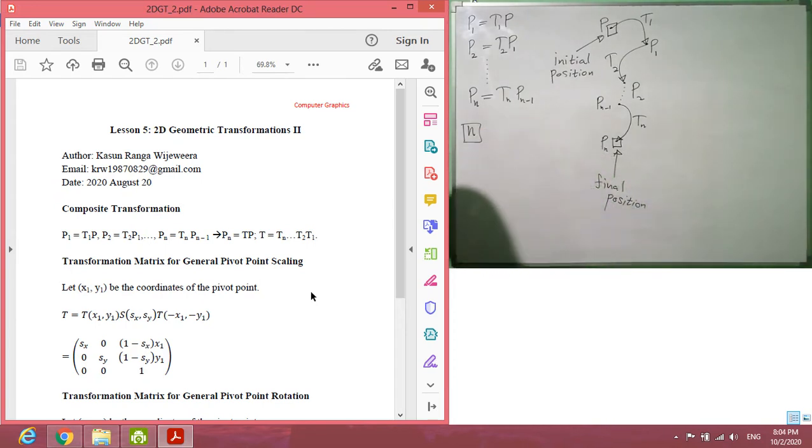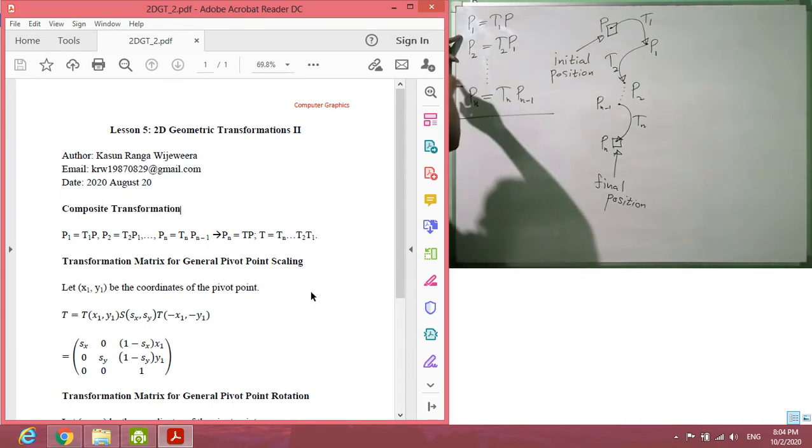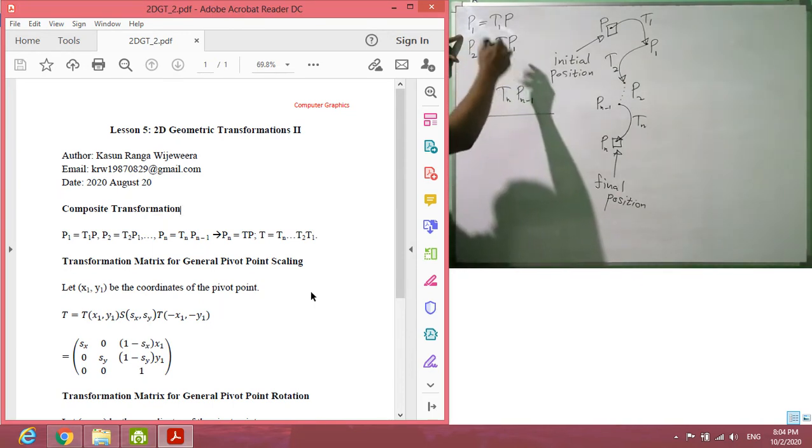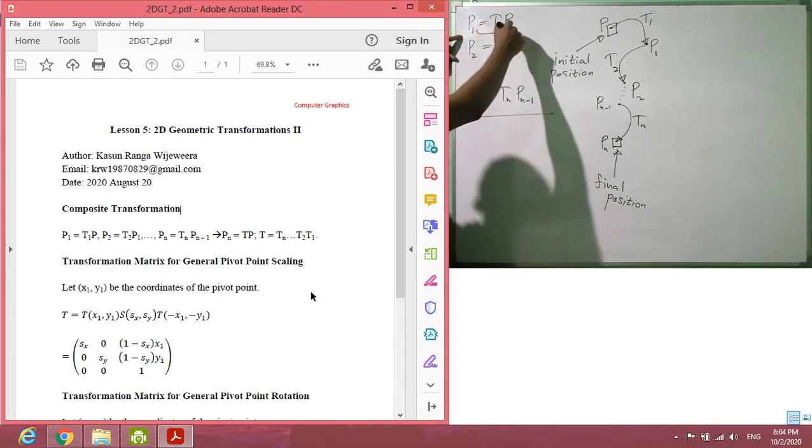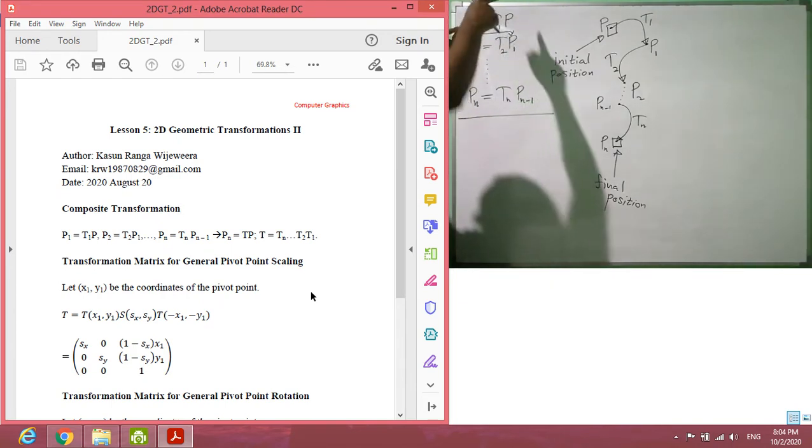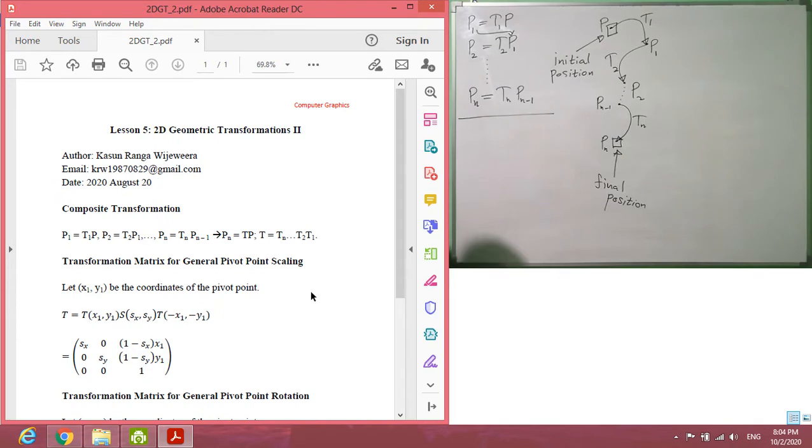Now composite transformation means, let's see here. Here P1 we replace from this one.